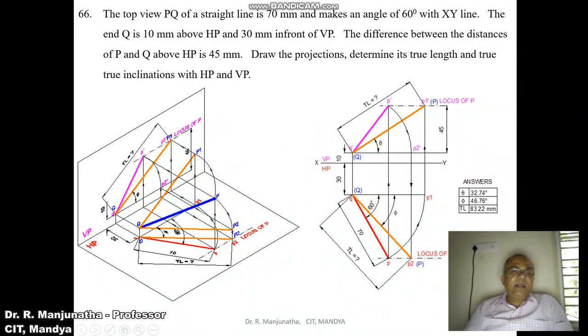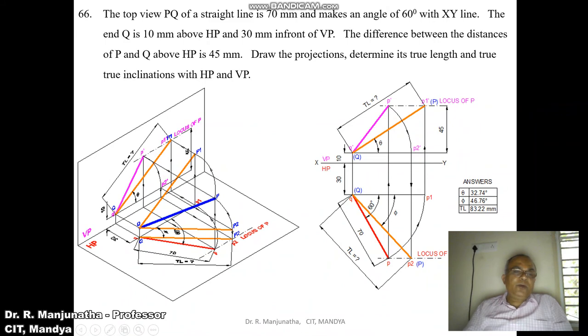This line is going to be parallel to VP, so when it is projected in the front view, you are going to get the true length line, which is Q dash P1 dash. When you are rotating in space, when you look from the top view, the image is going to be rotated from here to here.